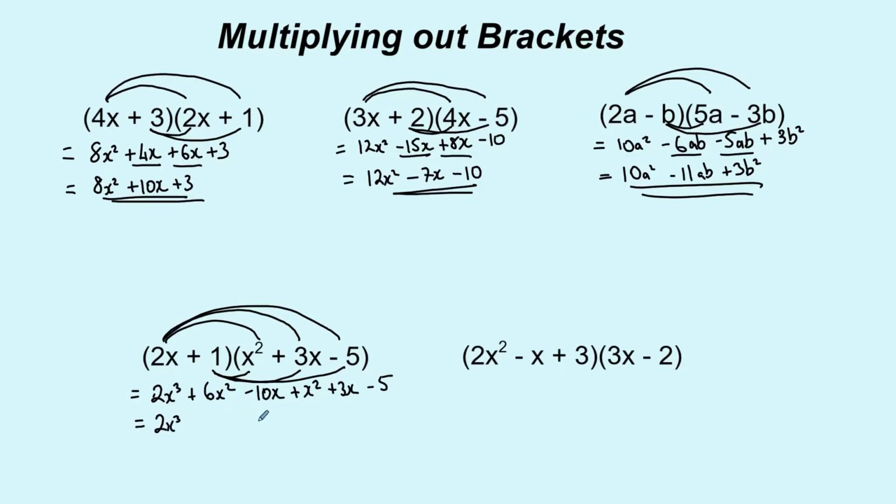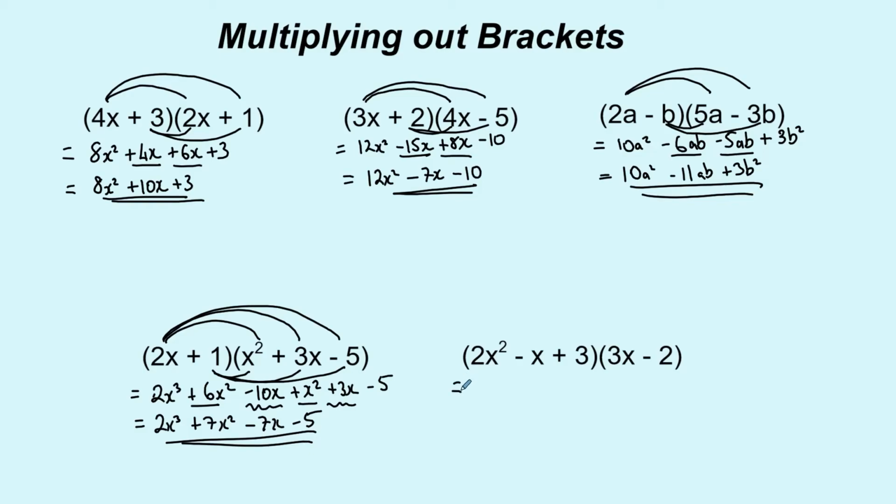So 2x cubed is the only cubed term, we've got a 6x squared here and another x squared here, so we're going to have to put them together. Plus 6 plus 1 would be plus 7x squared. We've got a minus 10x and a plus 3x. Altogether that's minus 7x and then a minus 5 at the end. And that completes our process.